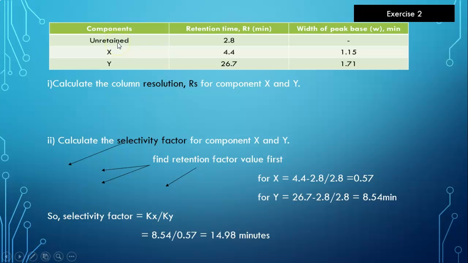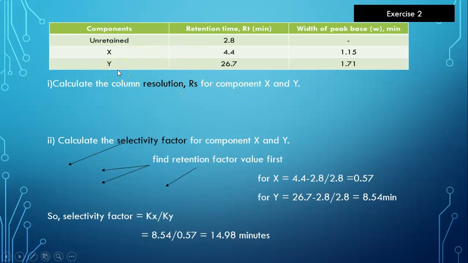The first component is unretained, with a retention time of 2.8 minutes, and component X, which is 4.4 with a width of 1.15, and Y with retention time 26.7 and 1.71 width of peak base. So the first question asks you to calculate the resolution Rs for components X and Y.